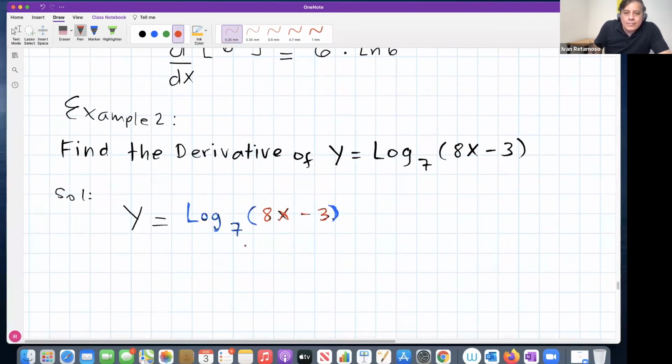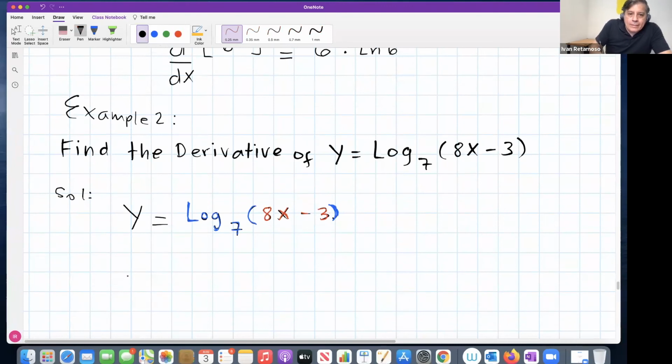Therefore, the derivative of y should be the derivative of the outside function. But what's the derivative of the outside function, log base 7? It is 1 over the argument, whatever is inside there, 8x minus 3.